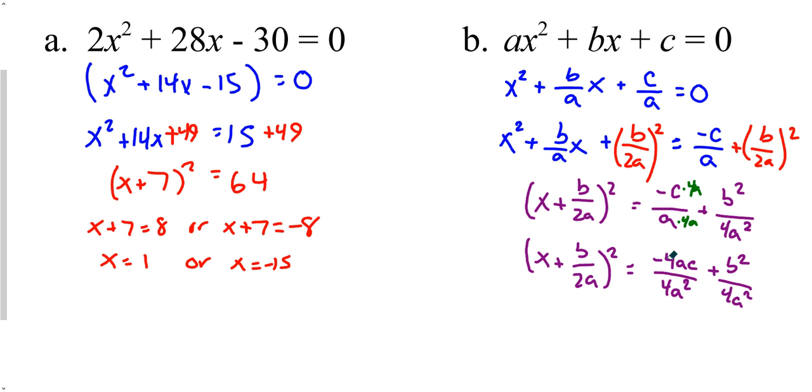Now, being that this one's minus, I'm actually going to take this one and put it on the right side, and now what I'm going to have is b squared minus 4ac over 4a squared, like that.